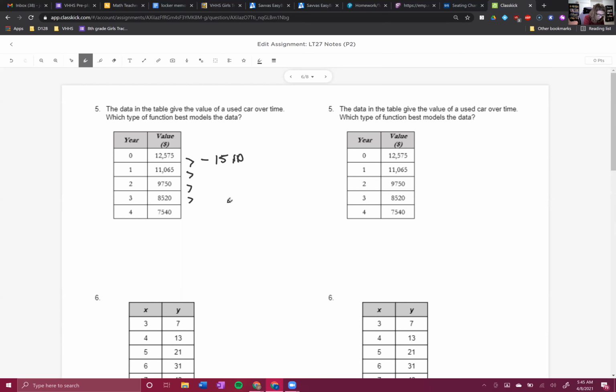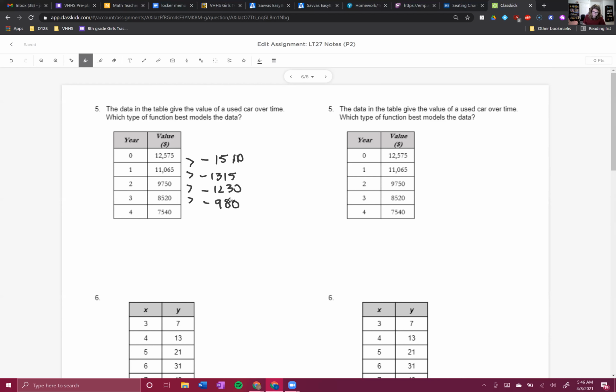That's going to be down 1,315, sorry. And then 8,520 minus 9,750 is negative 1,230. And then 7,540 minus 8,520, that's a negative 980.